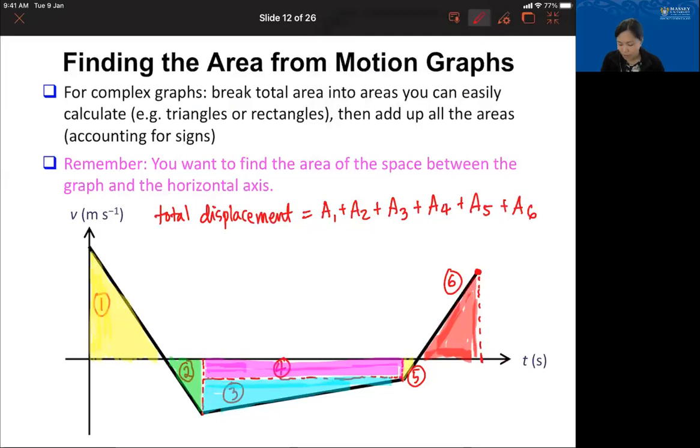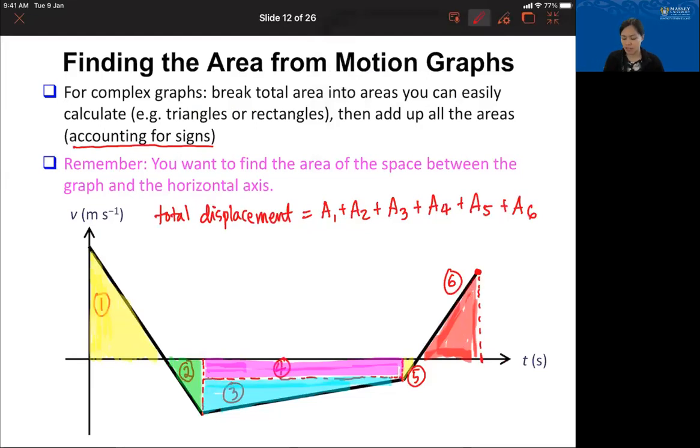So you need to add up all the areas. But next, don't forget to account for the signs. Okay, account for the signs. So looking at these areas here, which areas are actually negative? So some areas here are positive, some areas are negative.